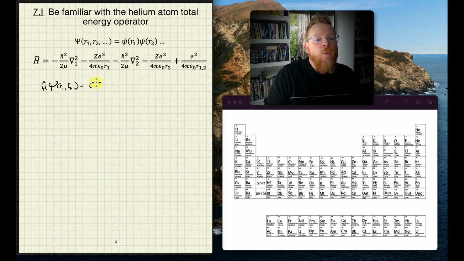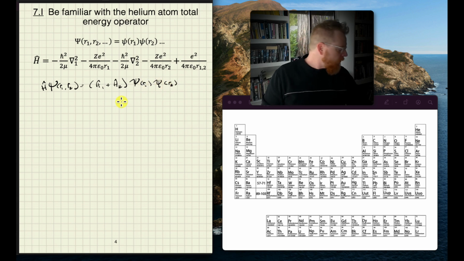Now we put together that the Hamiltonian is a sum of the individual Hamiltonians. And now we'll say that my wave function can be separated by its 2 electrons.